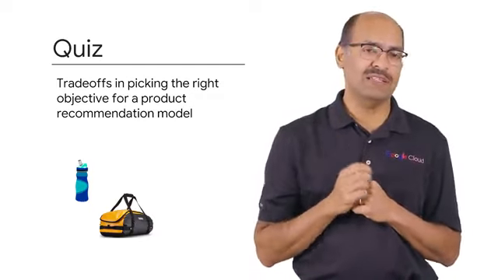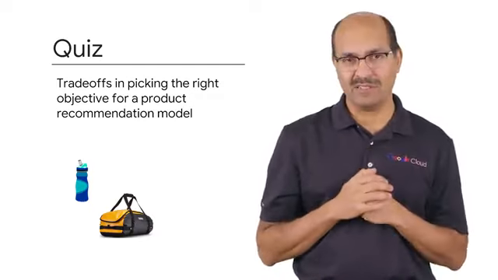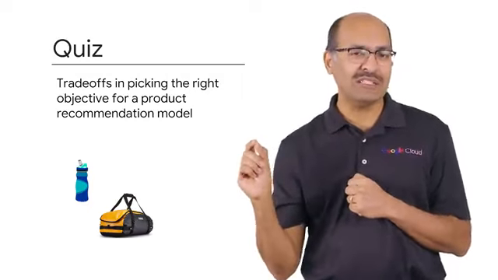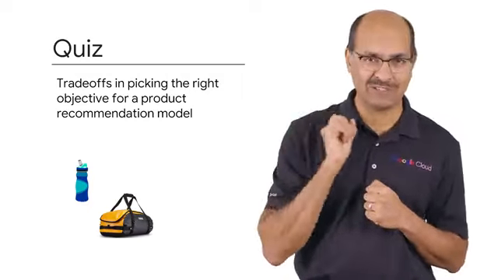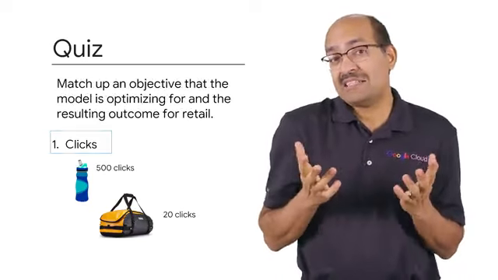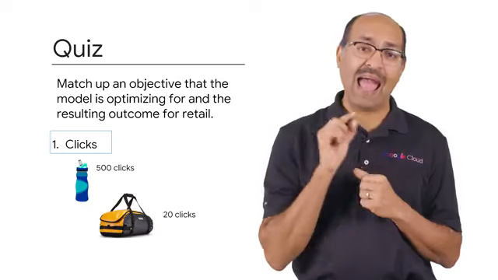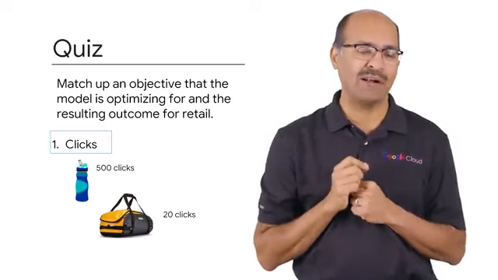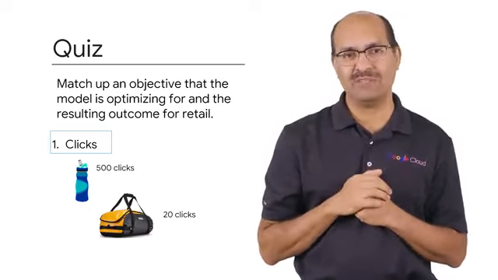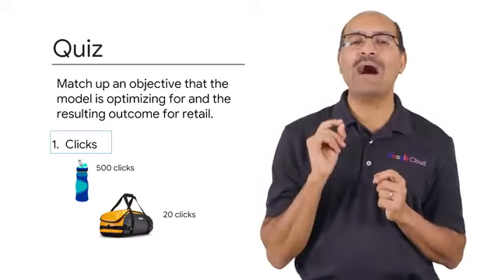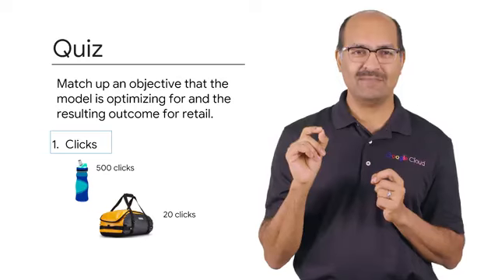The issue is that to train the model, you need to tell it which recommendations are good and which recommendations are not good. Let's say you decide that if you recommend a product and the user clicks on the product, then it's a good recommendation. In other words, your objective is to maximize clicks.